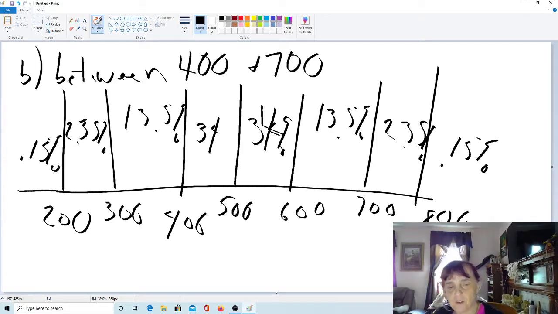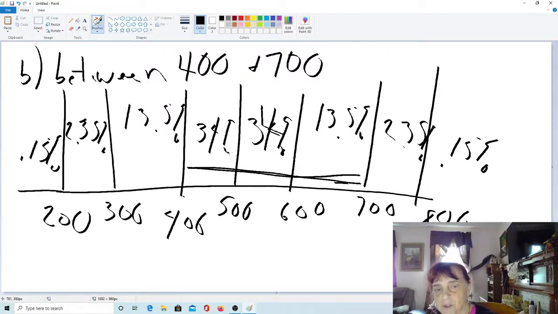Okay, between 400 and 700 is these percentages. 34% plus 34% plus 13.5, which is what? 81.5%.